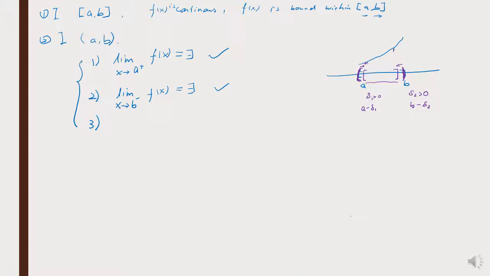And just like the definition for function limits or series limits, we have seen the delta many times before, because it can be as small as possible. So actually, you can say f(x) is continuous within a to b, excluded.